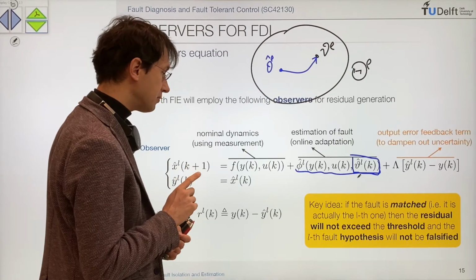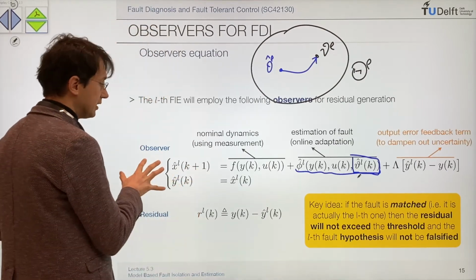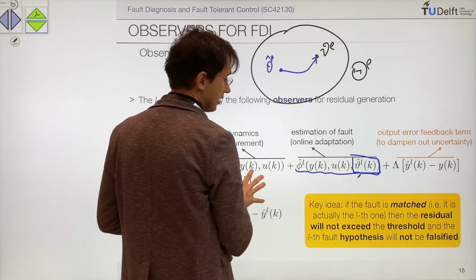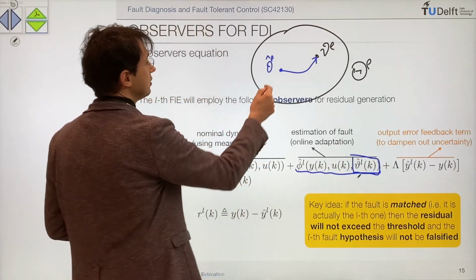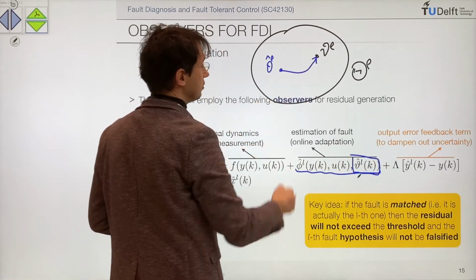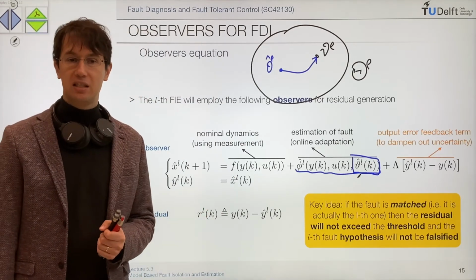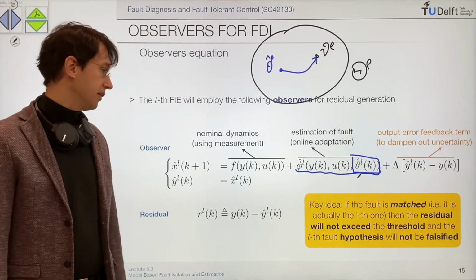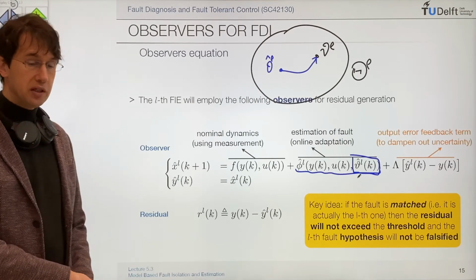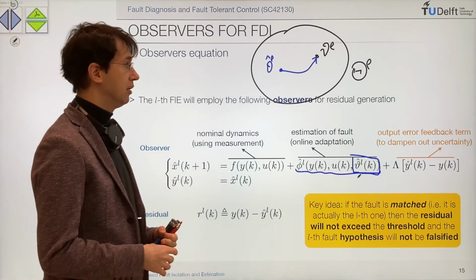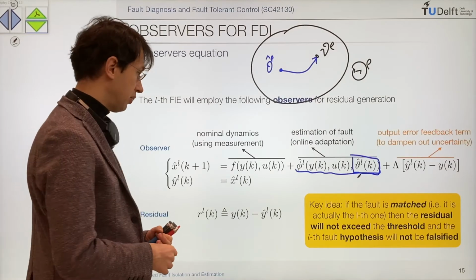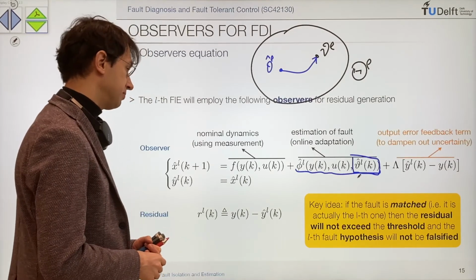But another thing that this observer is doing, as it is an adaptive observer, is to learn, to estimate the magnitude of the fault. So this is an extra functionality for this observer, and that will introduce some quite additional equations. We will see them very soon.